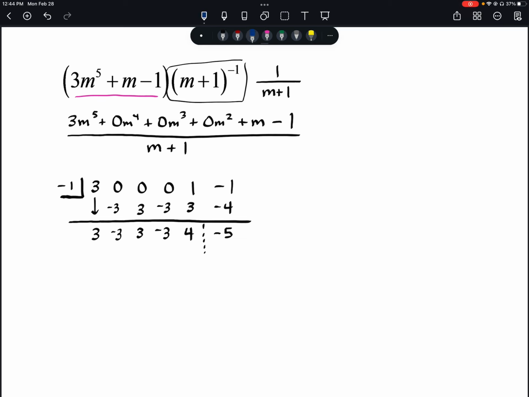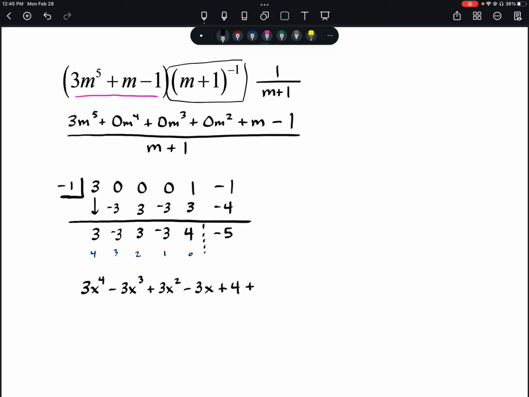So remember again, our degrees of 0, 1, 2, 3, and 4. So in this case, we're going to have a 3x to the 4th minus 3x to the 3rd plus 3x squared minus 3x plus 4.